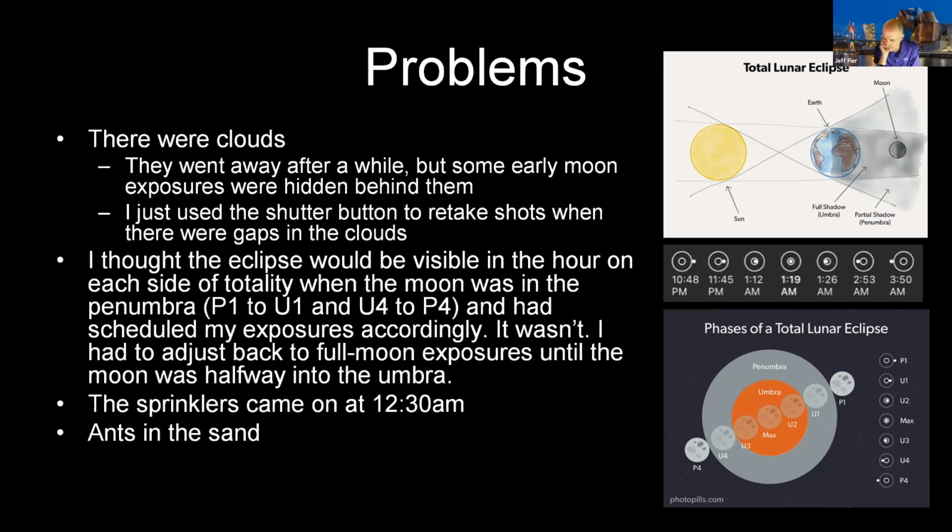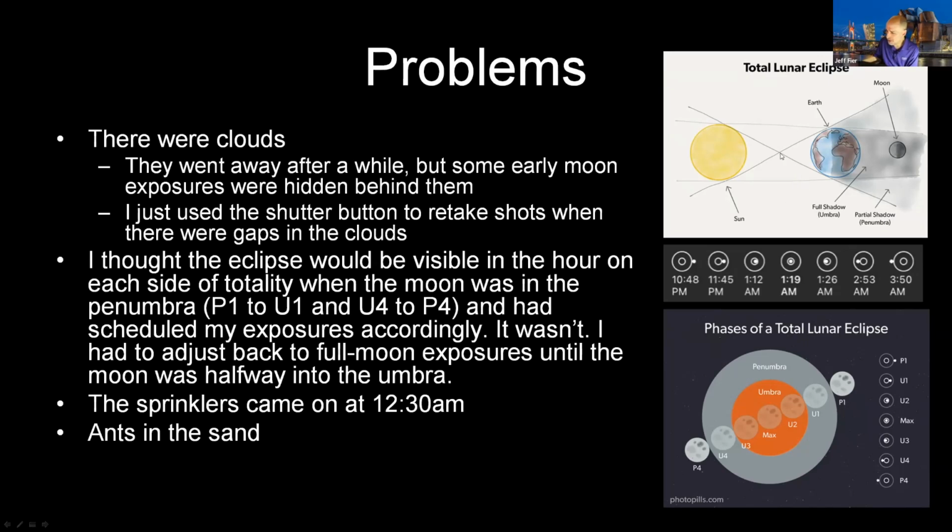The second problem was in interpreting Michael Fry's description of when you should do an exposure setting, depending on how eclipsed the moon was, and the PhotoPills explanation of what stage of the eclipse things are in. So for example, at 10:48, we see that this is where the eclipse is supposed to just start.